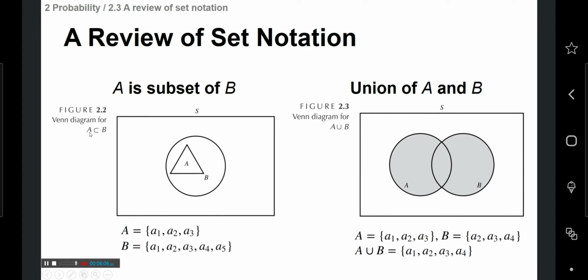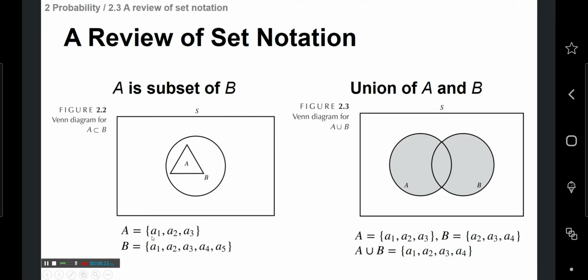That implies that A is a subset of B, which means from the graph, the set A is inside of B. Here's an example.